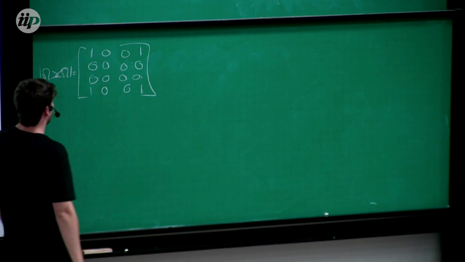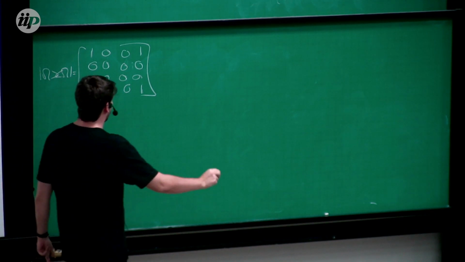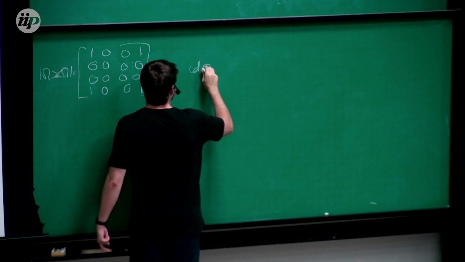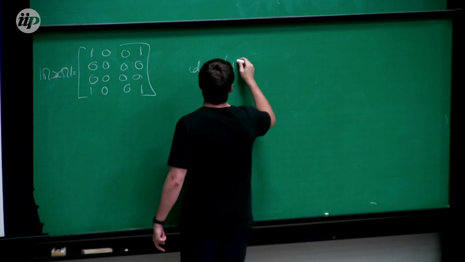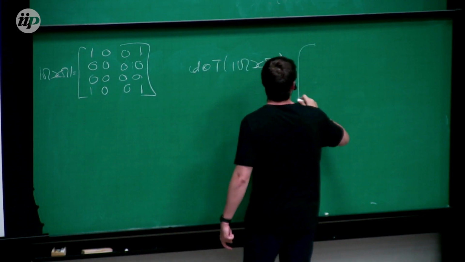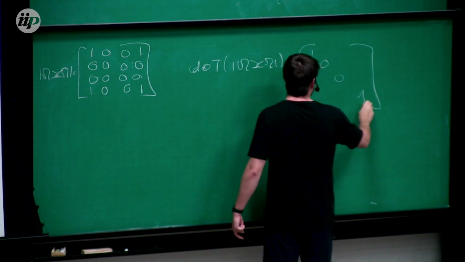Okay, and this is the first matrix, right? Our maximally entangled state. And now once we look at identity tensor T of this, it will be 1 0 0 1.